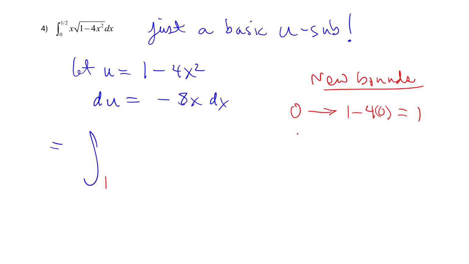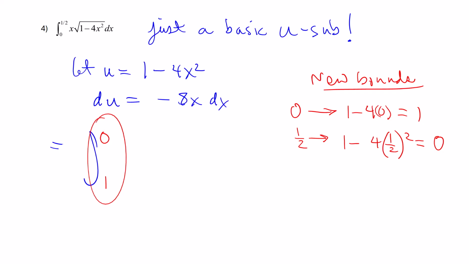And then we had a 1/2, but again, plug that into the same u equation, the substitution equation. That'll give us 1 minus 4 times 1/2 squared. Okay, 1/2 squared is 1/4. 4 times 1/4 is 1, so 1 minus 1 is, well, 0. So our new upper bound is now 0. Now that seems a bit out of order. We can account for that. Remember, you can always reverse the bounds by putting a negative out front, so we can deal with that no problem.